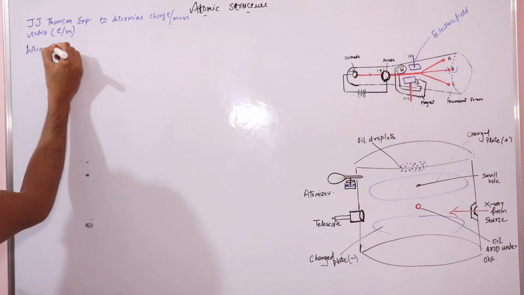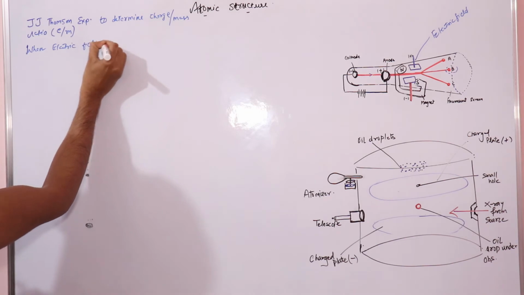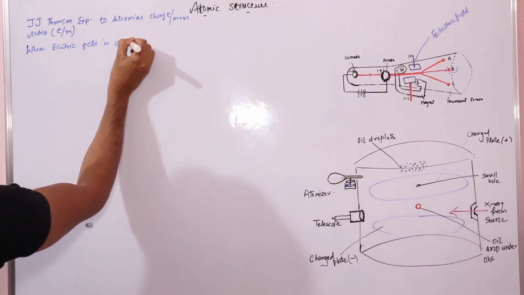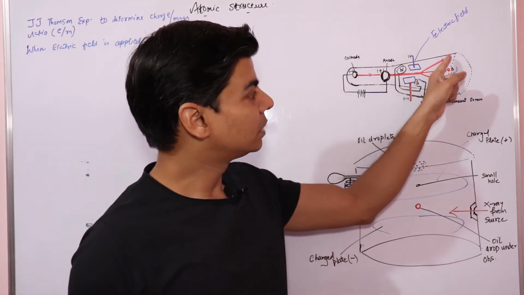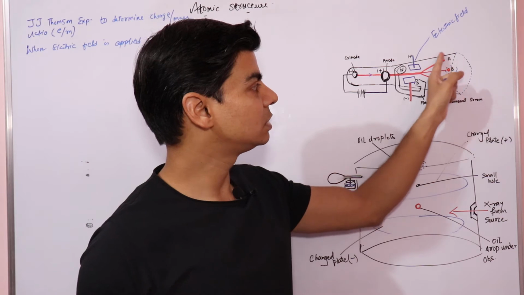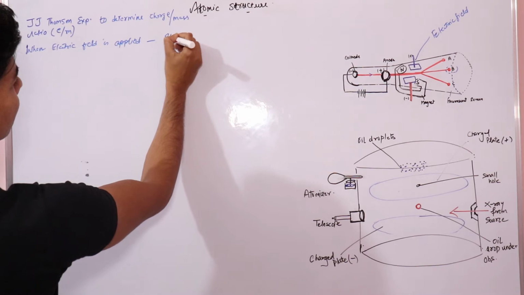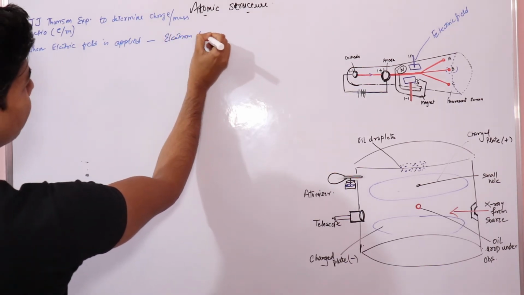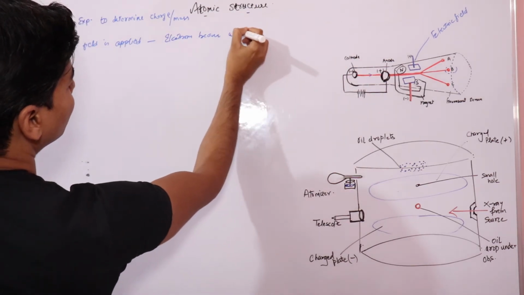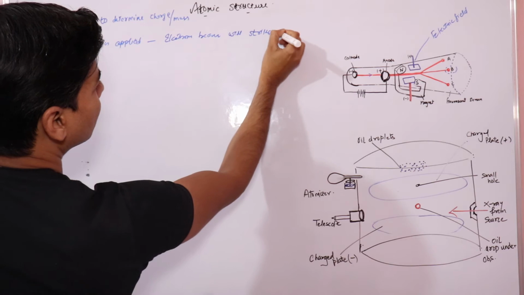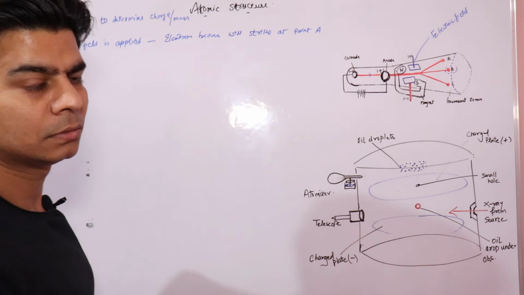Now when the electric field is applied, the beam of electrons will deflect, so these cathode rays will strike at point A, right.